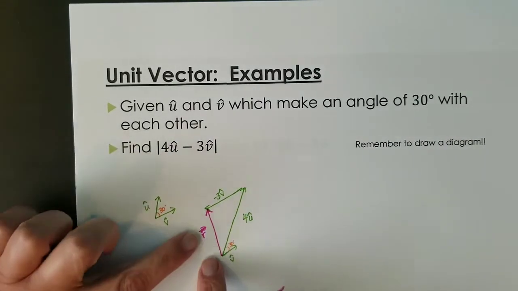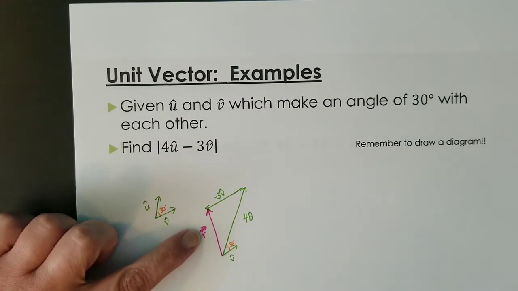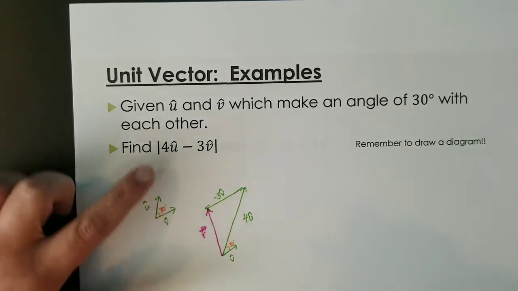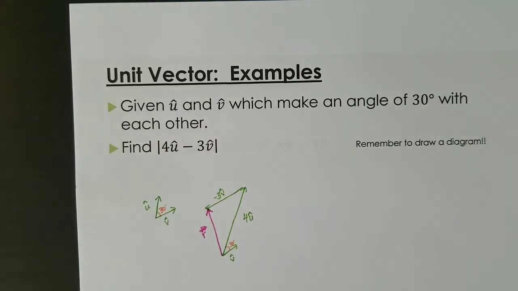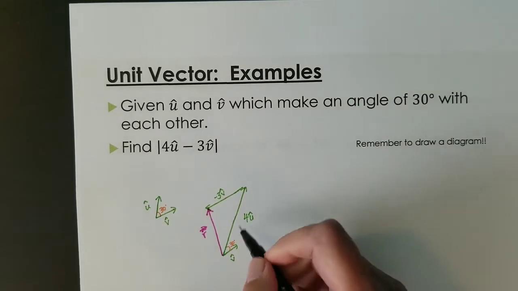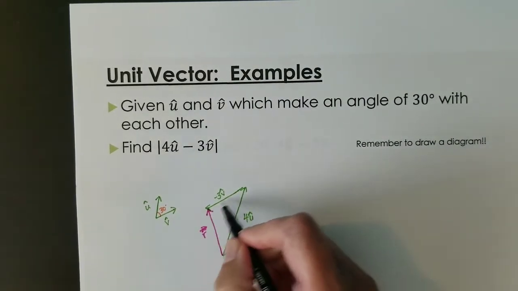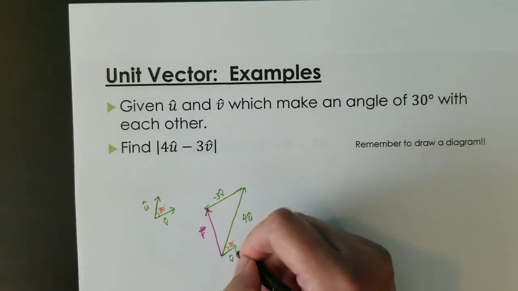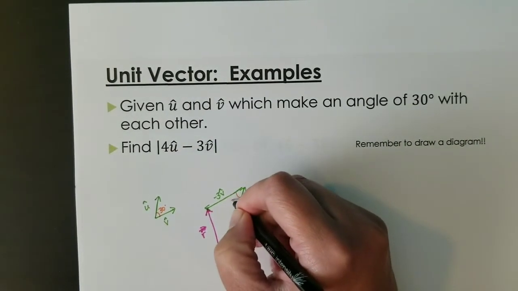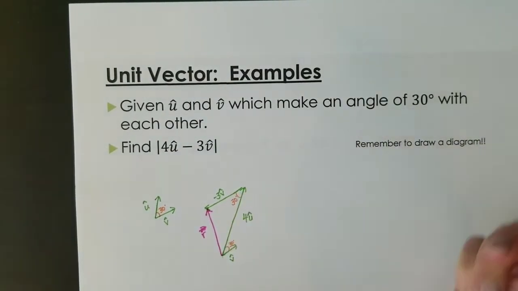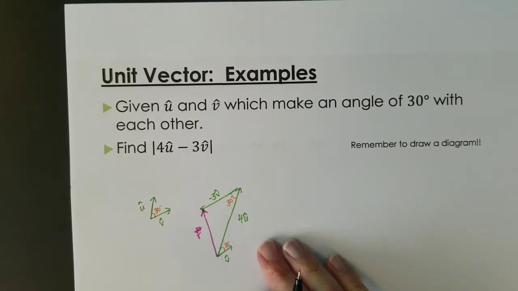Not a unit vector anymore. So I'm just going to use an R for resultant, it's a little bit shorter and easier to write than the 4u hat minus 3v hat. Now I know that v hat and negative 3v hat are parallel to each other, so I can use a Z pattern to put a 30 degree angle up there.